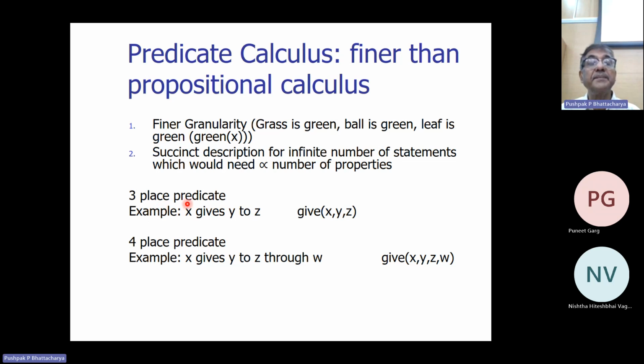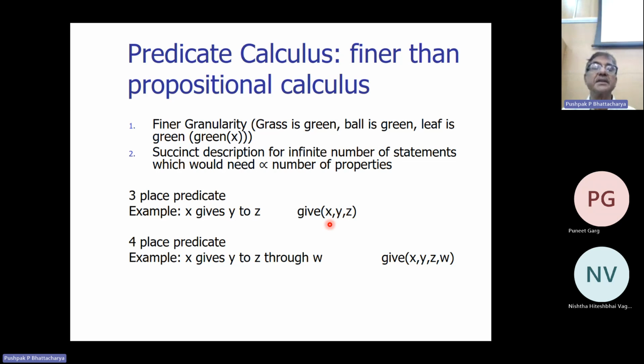So you can also have 3 place predicates. For example, x gives y to z. The verb typically becomes a predicate. We have give(x, y, z), which means x gives y to z. So Ram gives a book to Sham.